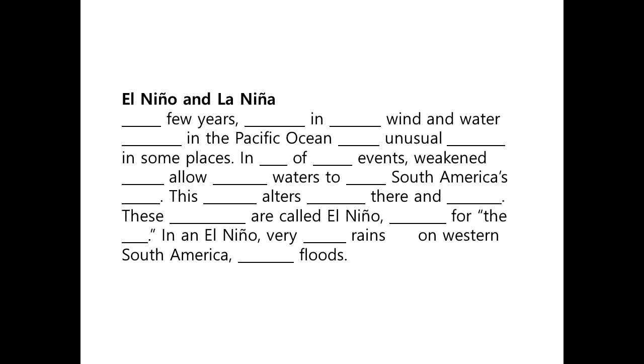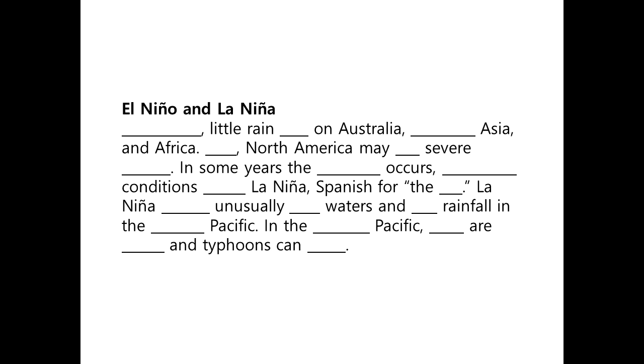These conditions are called El Niño, Spanish for the boy. In an El Niño, very heavy rains fall on western South America, causing floods. Meanwhile, little rain falls on Australia, Southern Asia, and Africa.